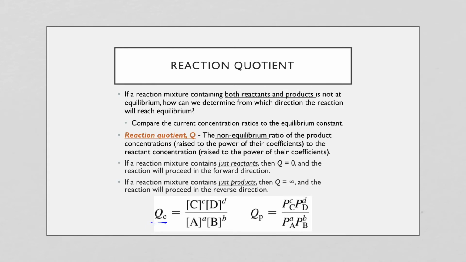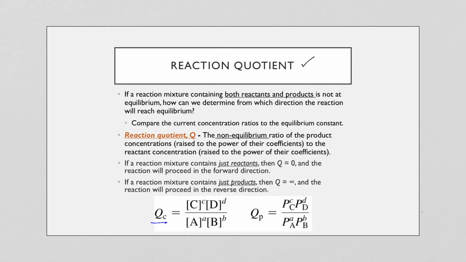And so, in order to work with these kinds of problems, where we may or may not know which direction the reaction has to move to get to equilibrium, because we don't have enough information, we need to have a tool that we can use in order to predict the direction that a reaction will proceed to get toward equilibrium. And that tool is something called the reaction quotient.